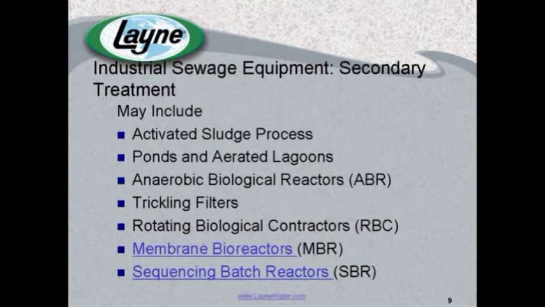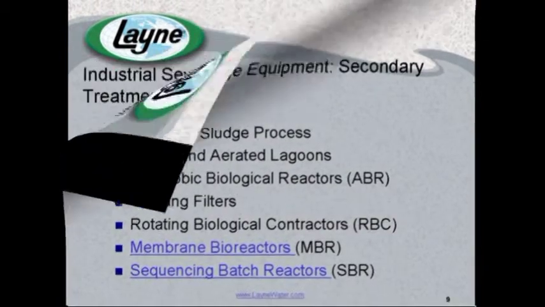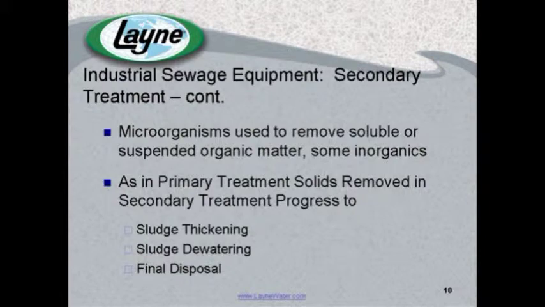Things such as anaerobic biological reactors, trickling filters, rotating biological contactors, membrane bioreactors, or MBR, and sequencing batch reactors, or SBR. These types of processes have built upon the conventional activated sludge process and have improved it in a number of ways.